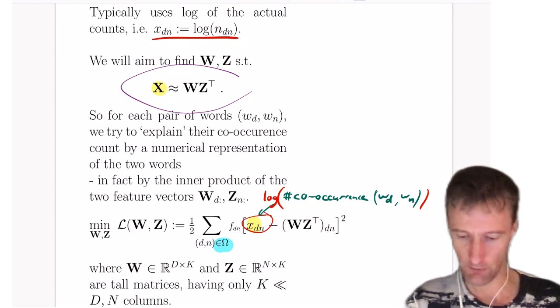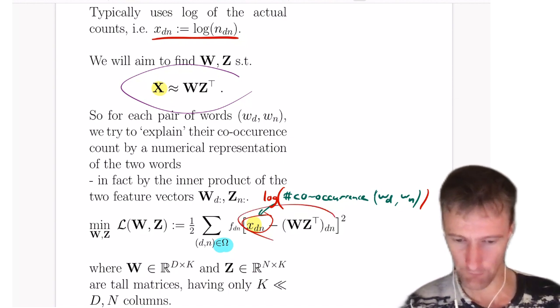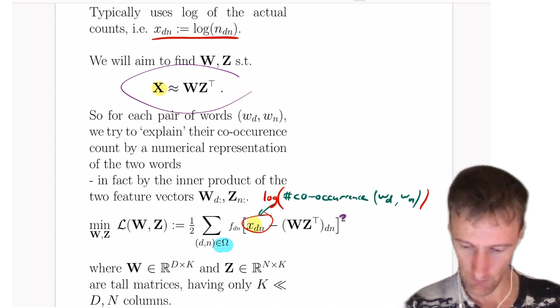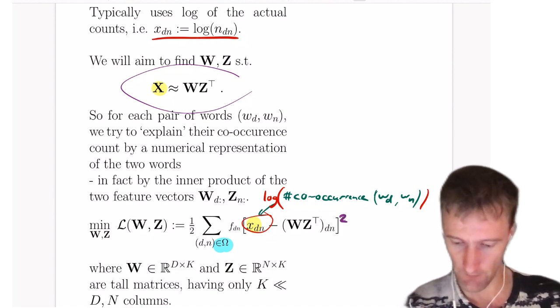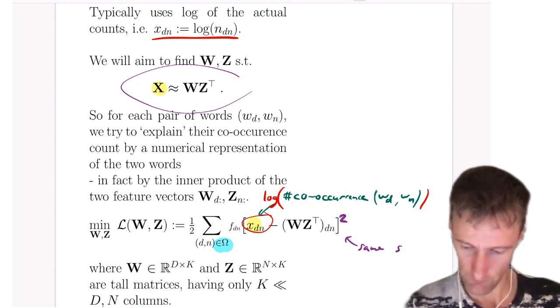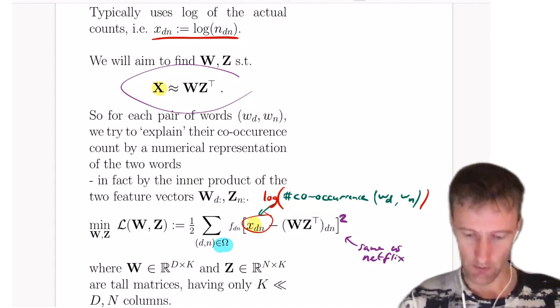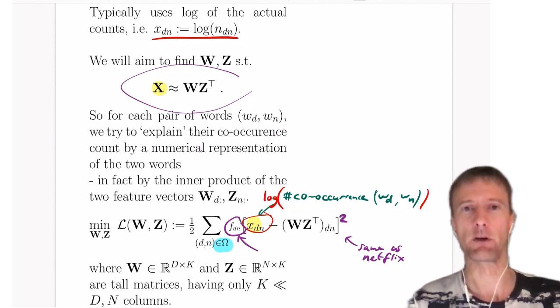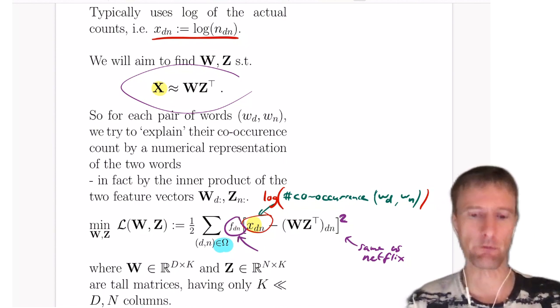And then we use standard squared loss, as in matrix factorization, so that's the same as in Netflix. What's a little bit different is this here. We have a little weighting factor which depends on the importance of this particular position.